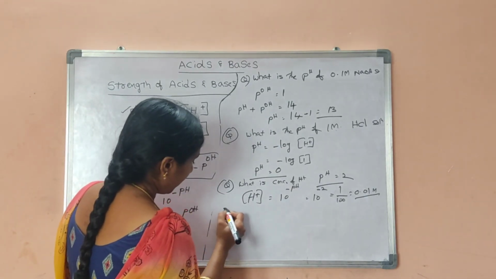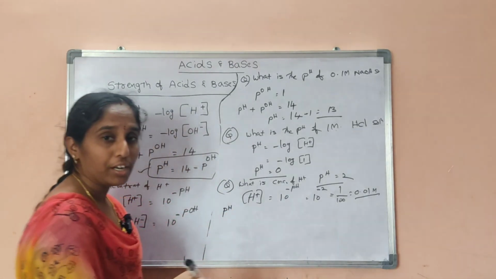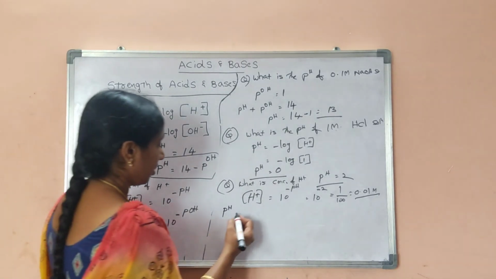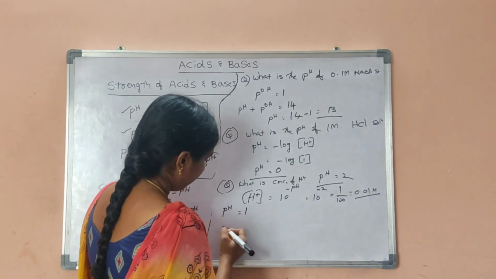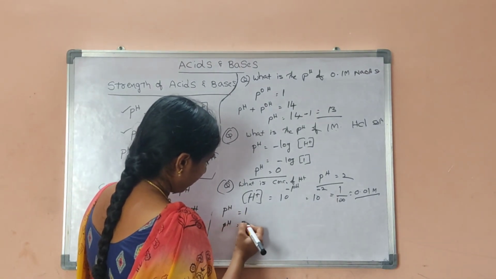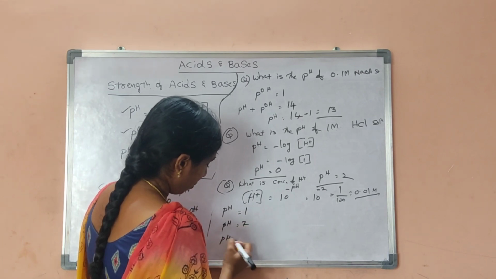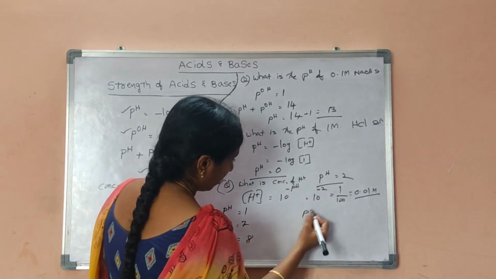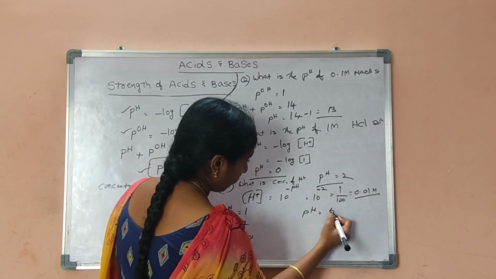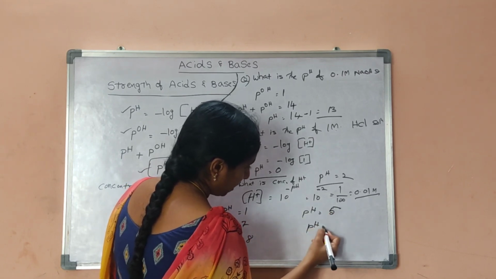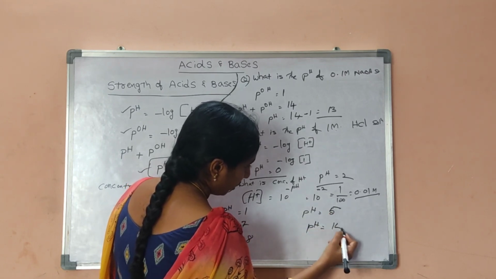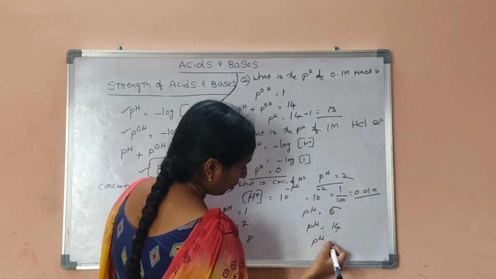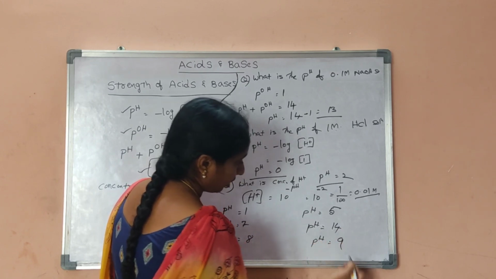We'll give some pH values. Then we will write weak acid or weak base. pH equals 1. pH equals 7. pH equals 8. pH equals 5. pH equals 14. pH equals 9.